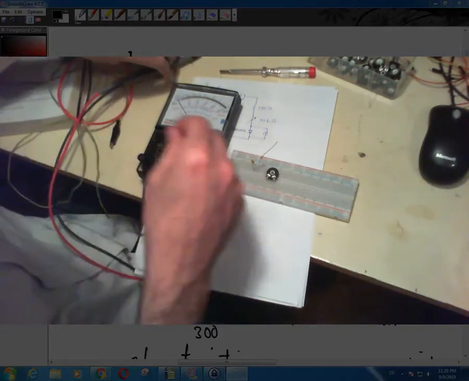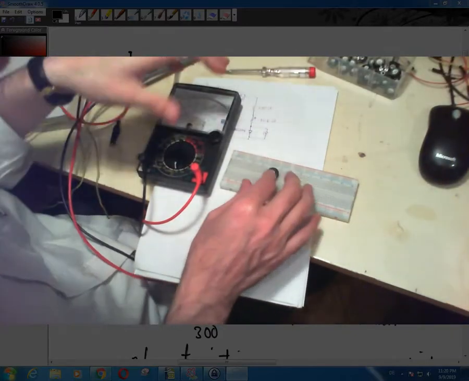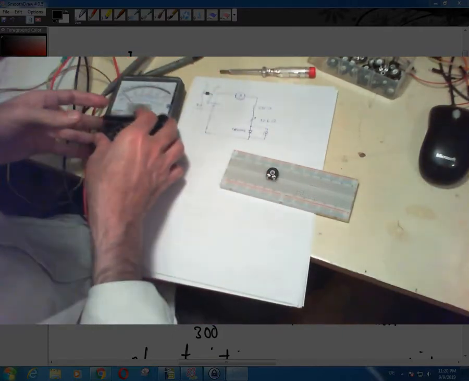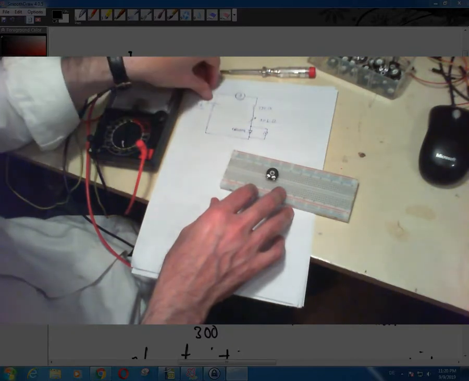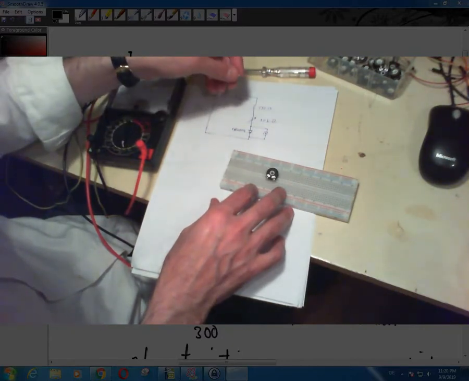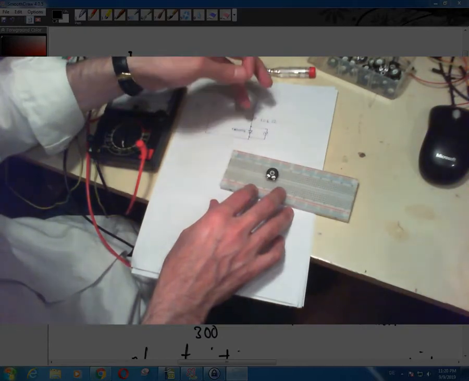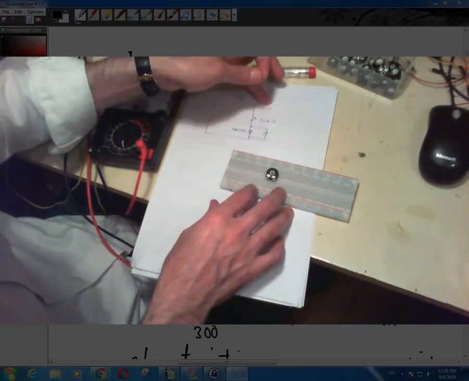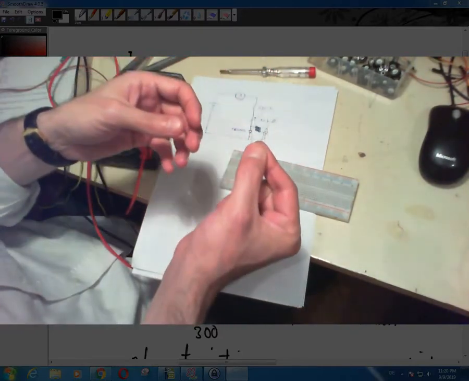Now using this breadboard, I want to make this circuit. To make this circuit, as you can see, one of the leads of this potentiometer has to be connected to this 330 ohm resistor, and this is the resistor that I have made.